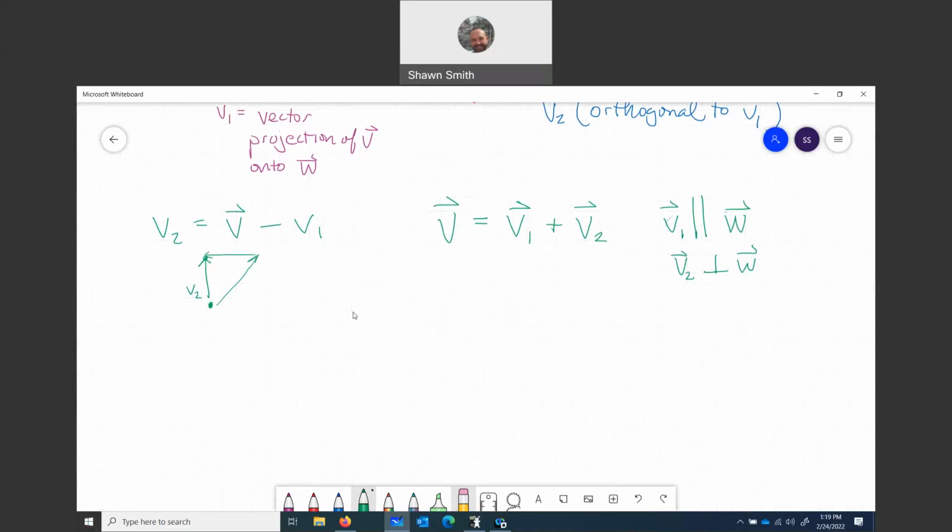All right, so now we have a formula. So if V equals V1 plus V2, then take the dot product. Is that green okay? You can see that? Okay.